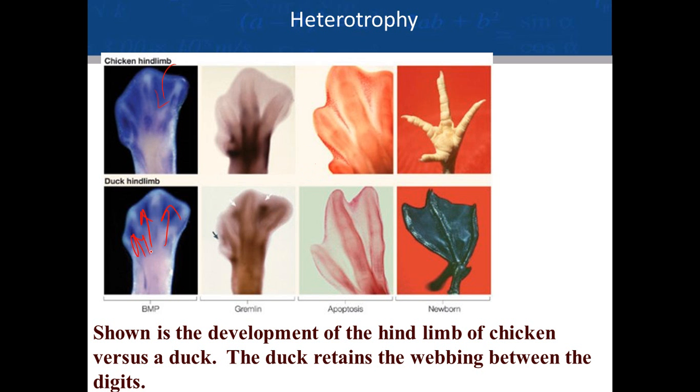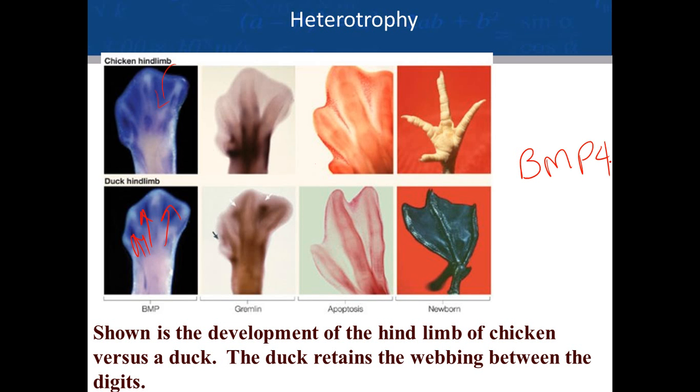It turns out that there's a gene called bone morphogenetic protein 4, which is BMP4, and it's responsible for cells undergoing the process of apoptosis and dying.